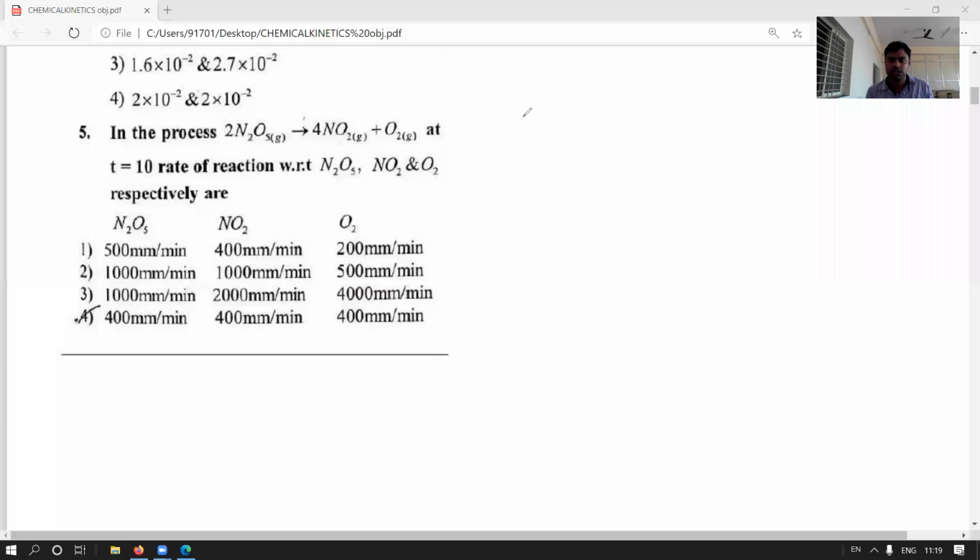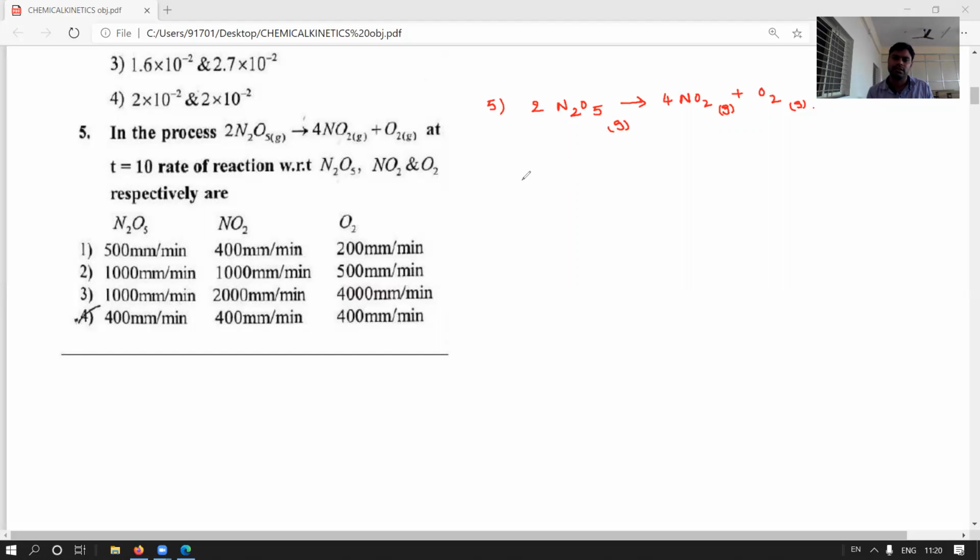Now they gave one equation: 2N2O5 is converted into 4NO2 gas plus O2 gas. For this reaction at time t equals 10 minutes, they asked the rate of reaction with respect to N2O5 and NO2.